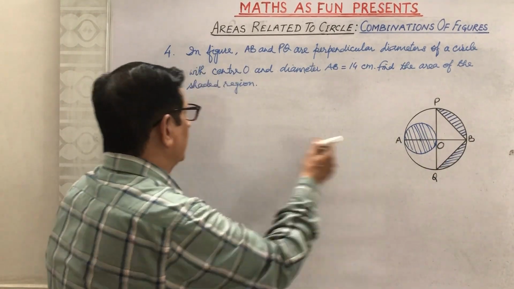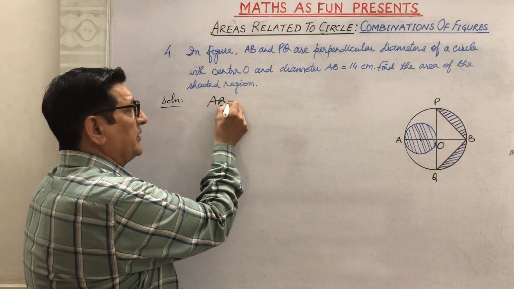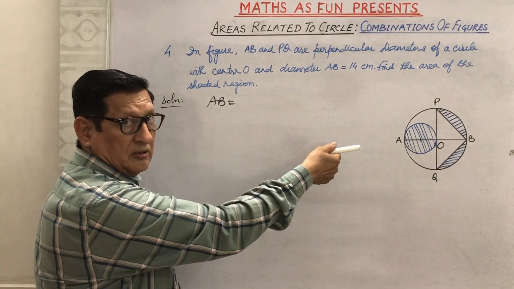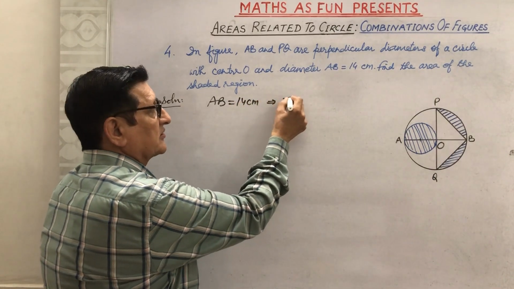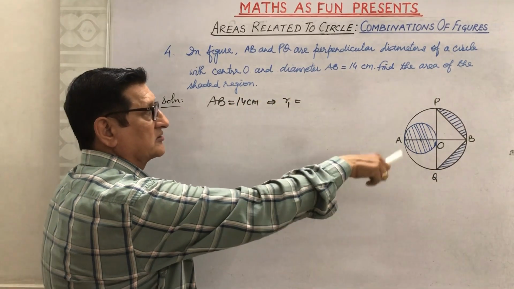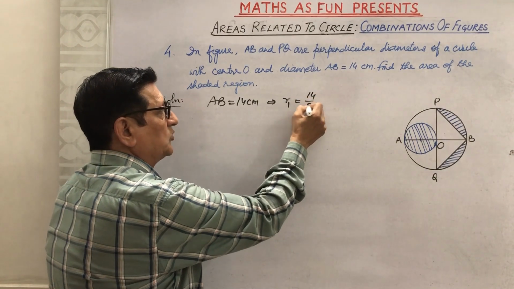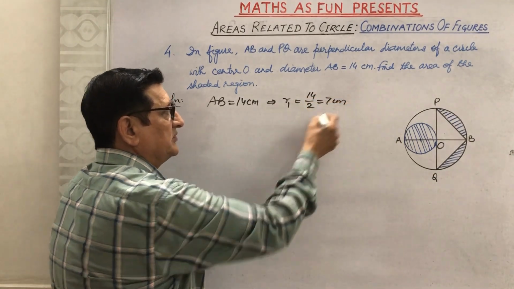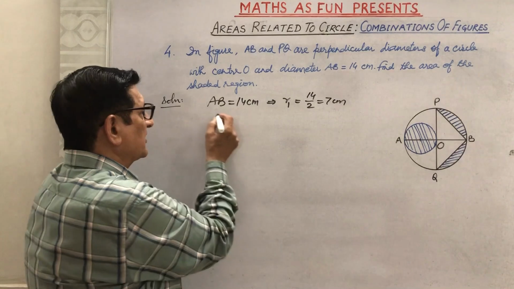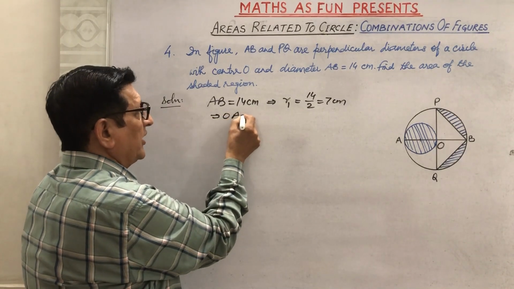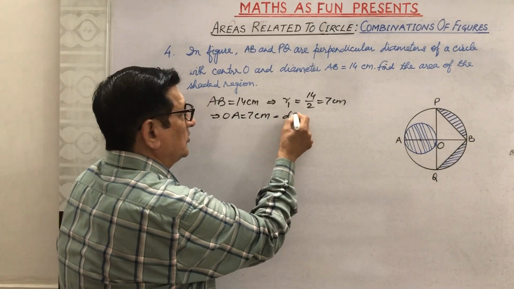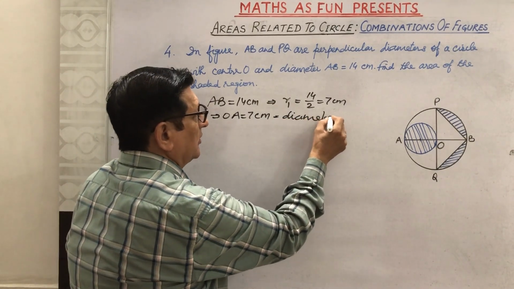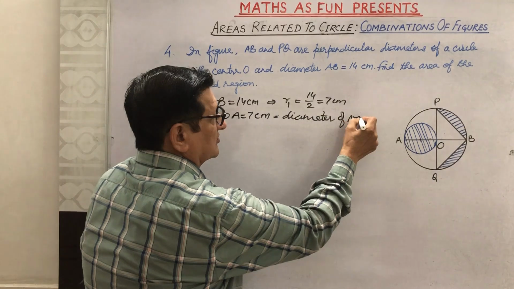So what we have here, AB is the diameter of the larger circle and that is 14 centimeters. Can we say that the radius R1 of the larger circle will be 14 by 2, that is 7 centimeters. It means we can say that OA is equal to 7 centimeters and this is equal to the diameter of the smaller circle.